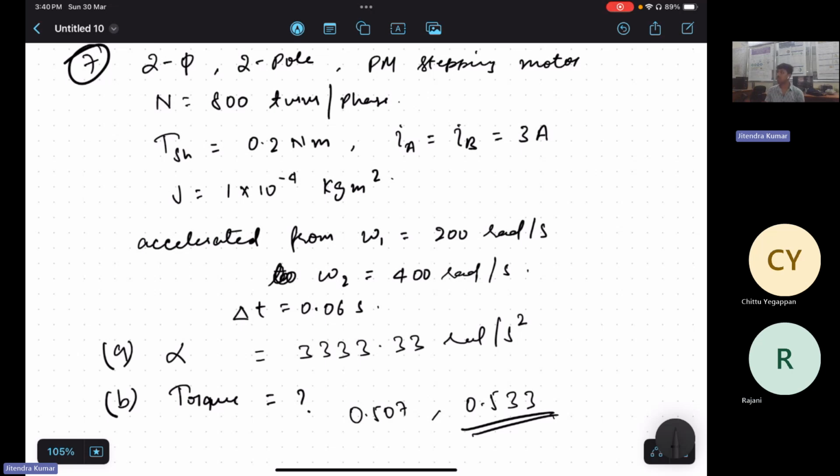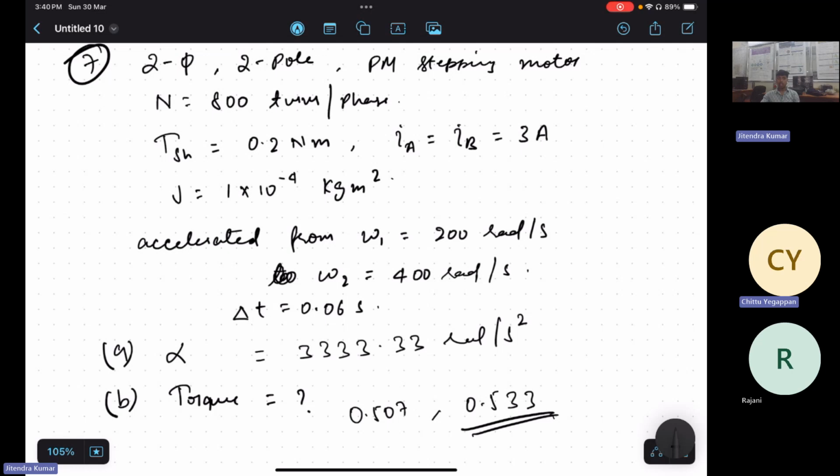So here, 6 stator poles, 4 rotor poles. Stator pole arc is 20 degree, rotor pole arc is 22 degree. Aligned inductance is given, unaligned inductance is given, and instantaneous torque. I believe I have solved a similar problem.